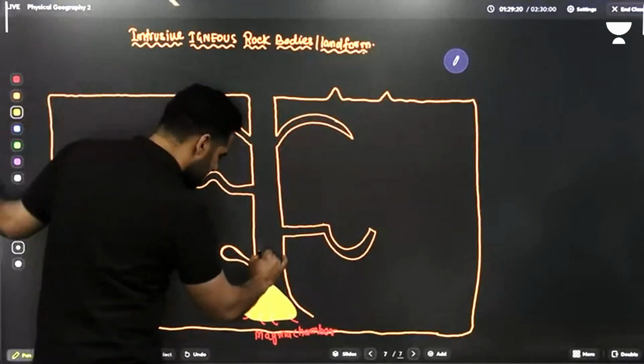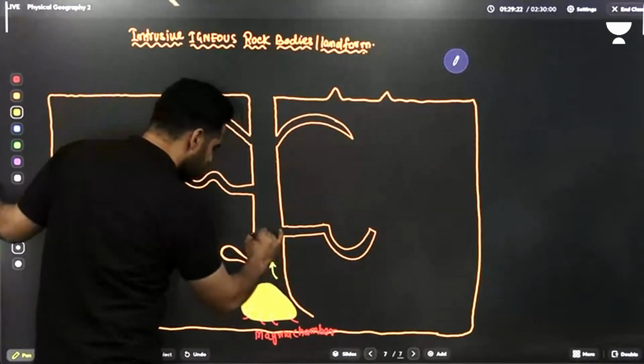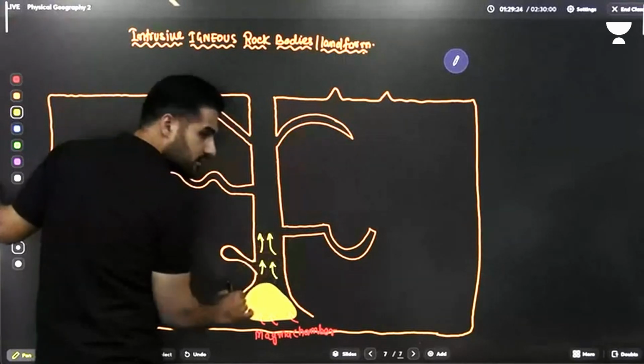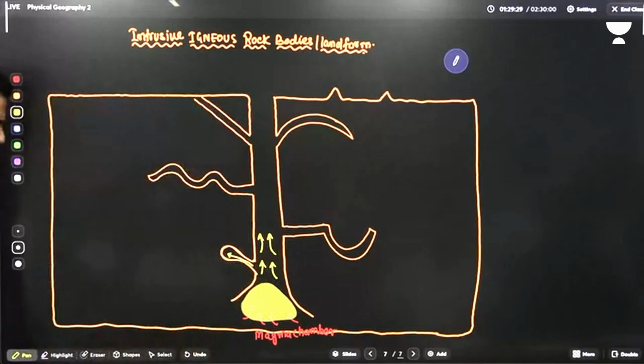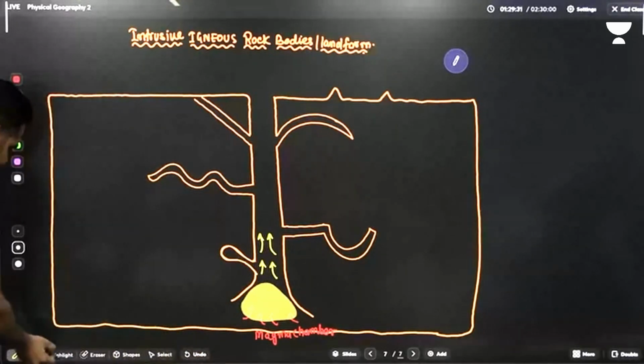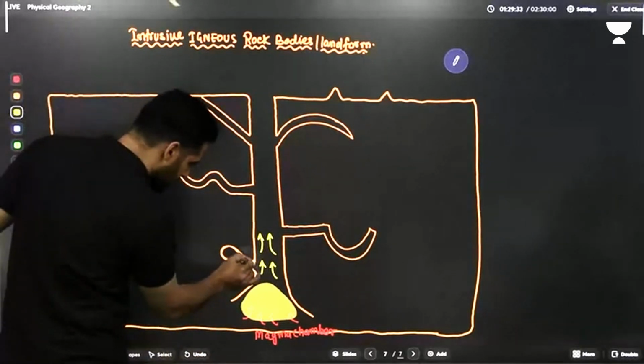After that, this magma is further traveling. Wherever it find the weak zone, can I say it will try to enter there? Can I say it can enter here also, get trapped and solidify? Okay. Let me mark it like this.